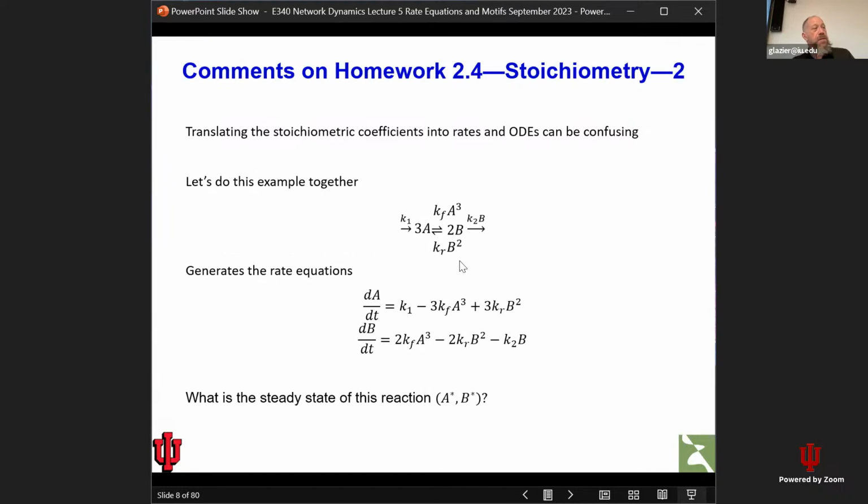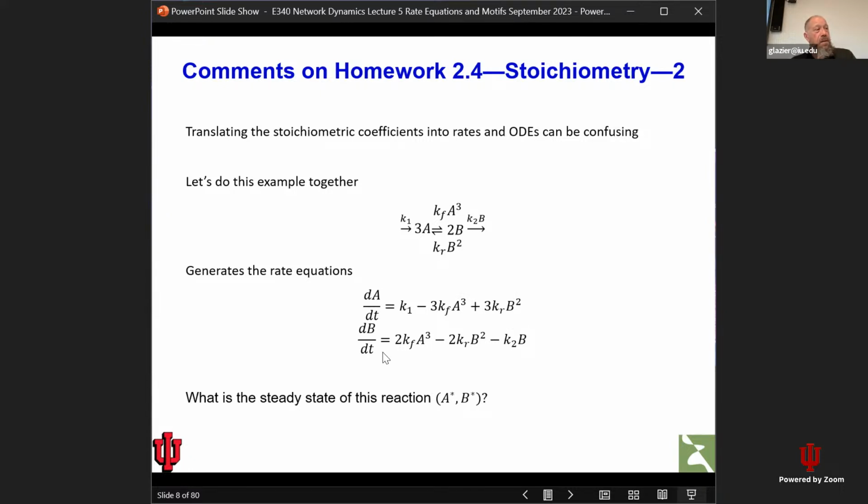The stoichiometry says that we don't multiply by 3 when we have the K1. That's that sort of confusing arrow notation for boundary species. So we have dA/dt equal to K1, then for each reaction we lose 3 molecules of A, so minus 3 KF A cubed, and we get 3 back from the back reaction, plus 3 KR B squared.